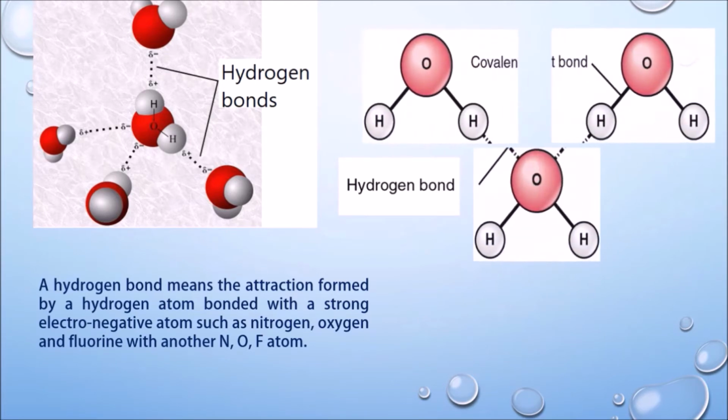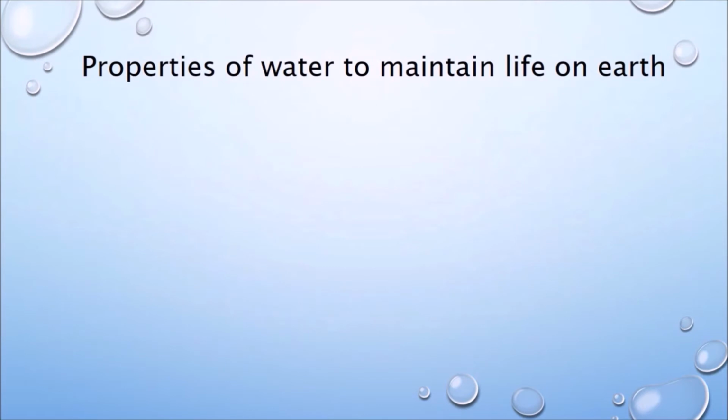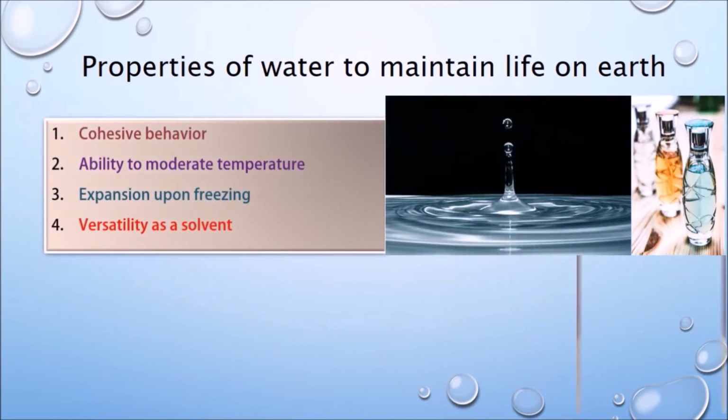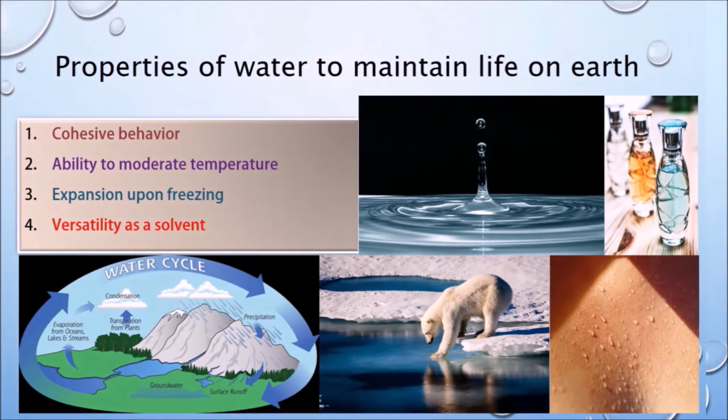These hydrogen bonds play a major role in maintaining all the properties of water. Four major properties of water to maintain life on Earth can be listed as cohesive behavior, ability to moderate temperature, expansion upon freezing and versatility as a solvent.